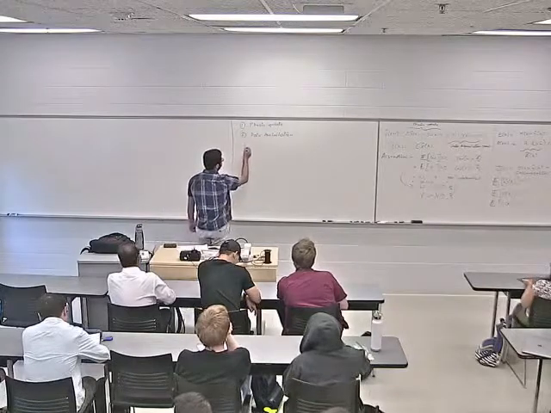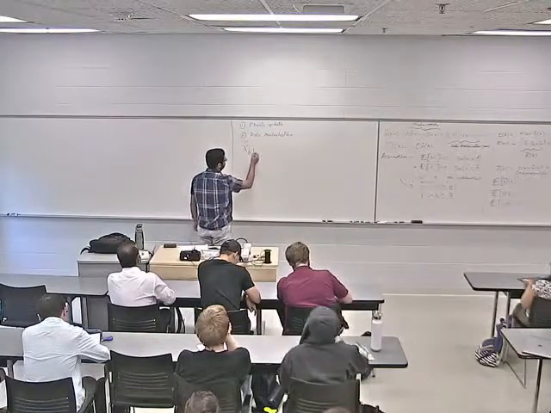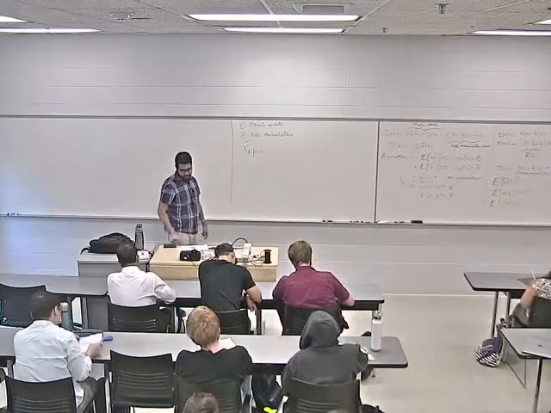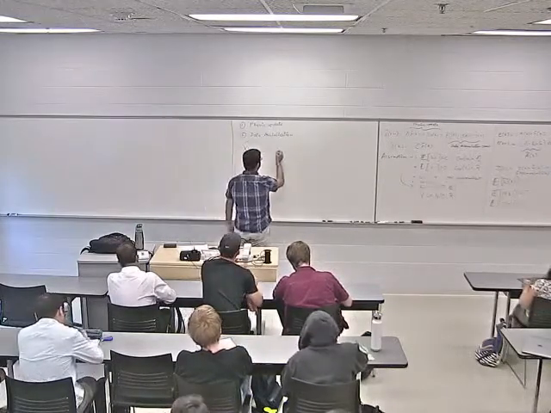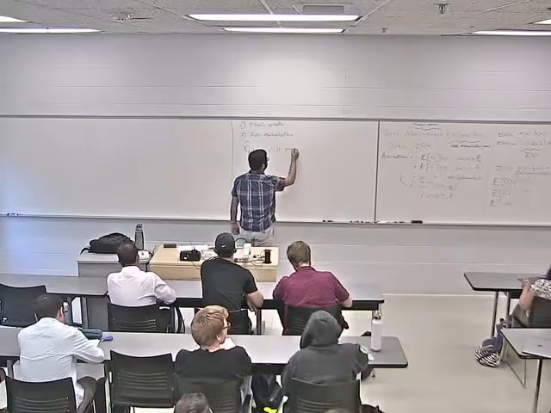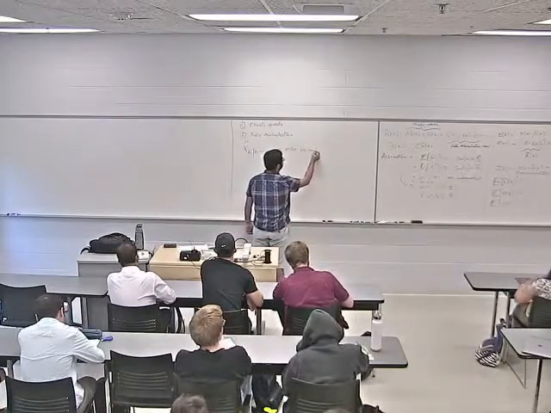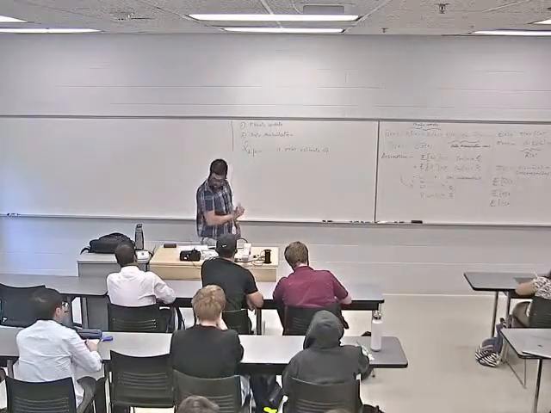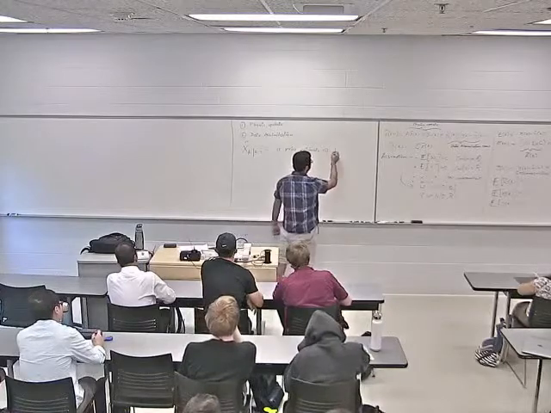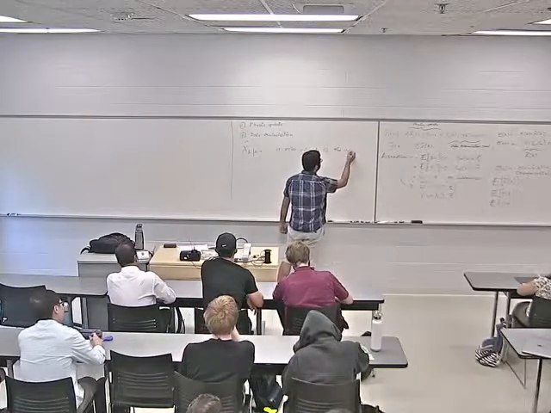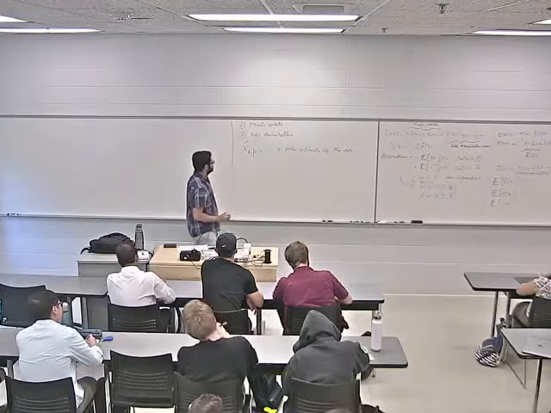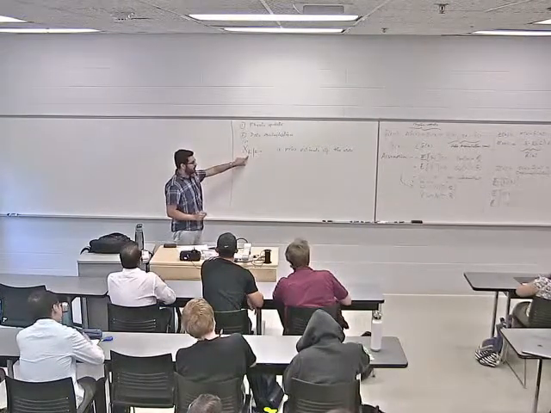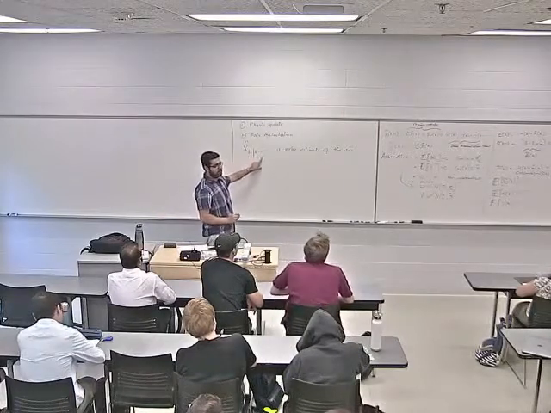So we'll denote X hat of K vertical bar K minus 1. That's a prior estimate of the state. That means that's the estimate of state K given the information till step K minus 1.